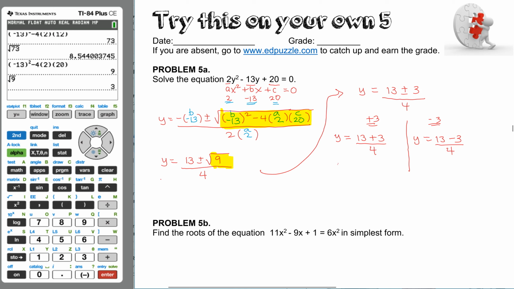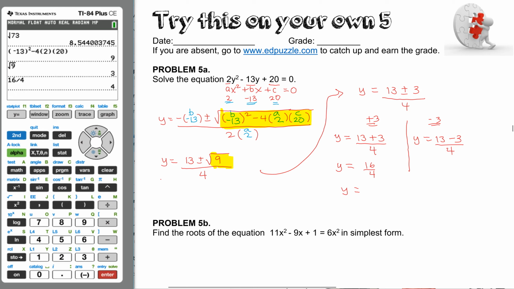And just simplify that. So you have y equals 13 plus 3 is 16 divided by 4. Now enter that in the calculator, it might not be in the lowest term. So you have 16 divided by 4. Okay, that gives you 4. So y is equal to 4.